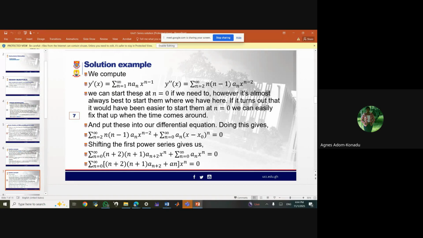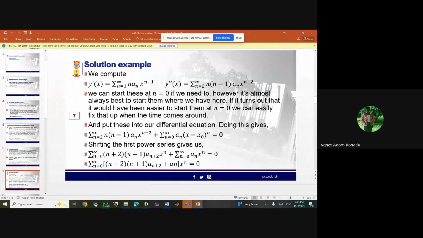So we can start this at n equal to 0 if we need to. However, it's almost always best to start them where we have here. If it turns out that it would have been easier to start them at n equal to 0, we can easily fix that up when the time comes around and put this into our differential equation.